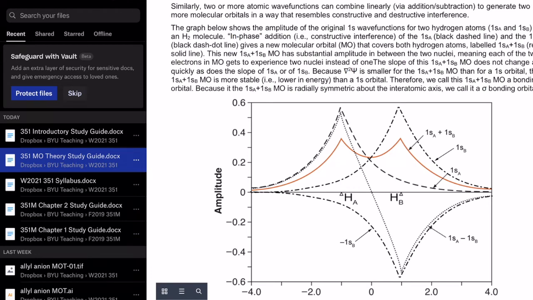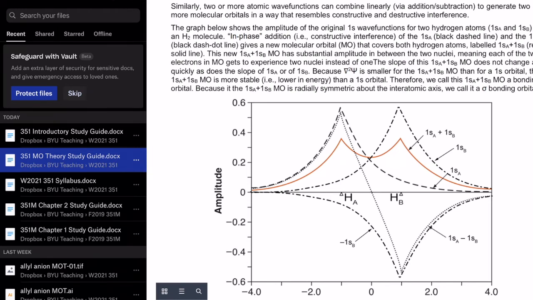Because you've subtracted the one from the other, you've got to go through 0 and get to the whole other side of the amplitude right away. And so the second derivative of that subtracted combination is higher. And that means its kinetic energy is higher. So that orbital, that 1sa minus 1sb orbital, is actually higher in energy than the orbitals you started with.